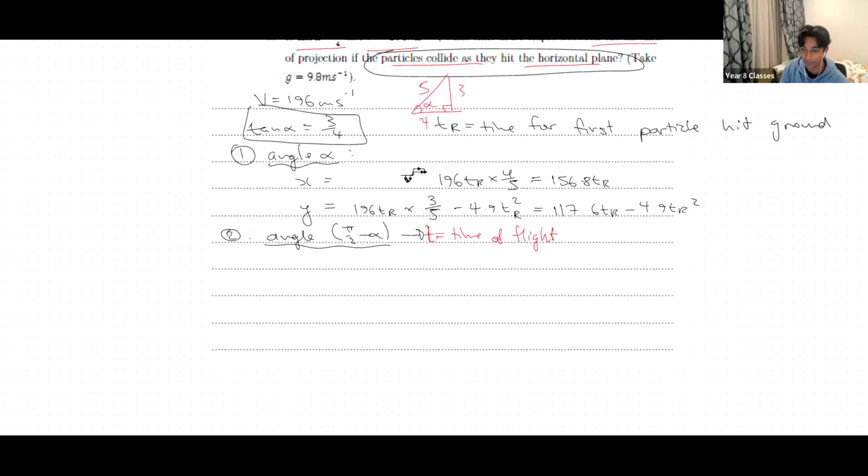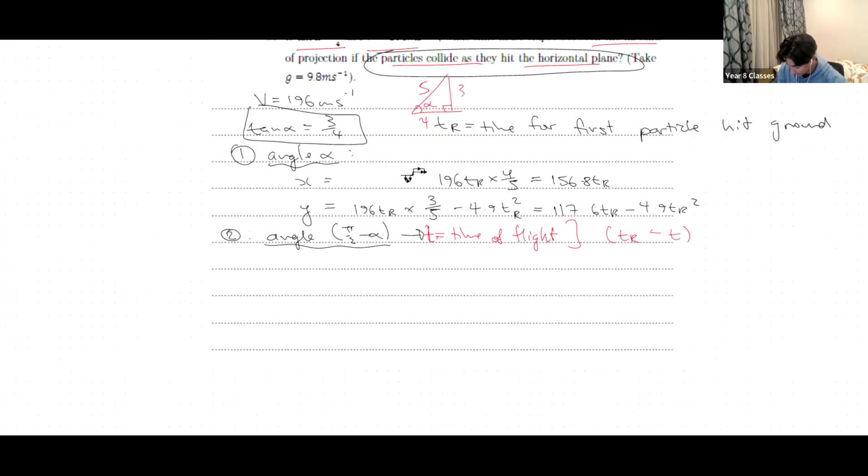Does that just mean they're not projected at the same time? They aren't projected at the same time. It tells you that the second one is projected after the other. They're projected at different times and they land at the same time because they're shot at different angles. Oh, right, the different angles are what make them land at the same time. So the way we're going to express the time of flight of the second particle is TR, the original flight time, minus T. And this T here is what we're going to be solving for.